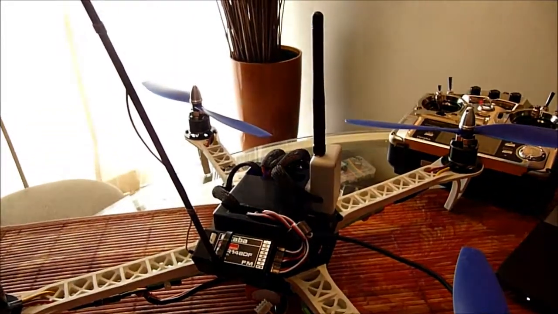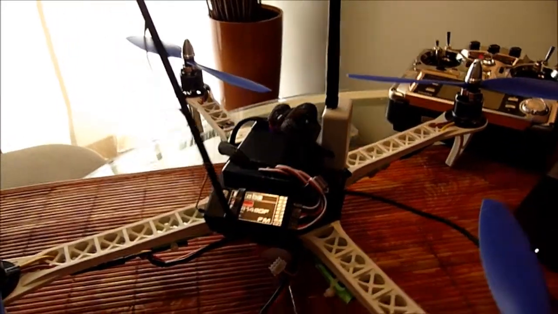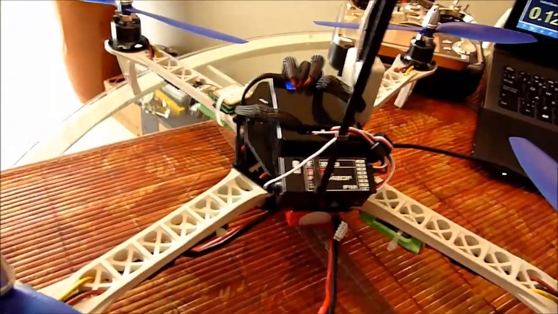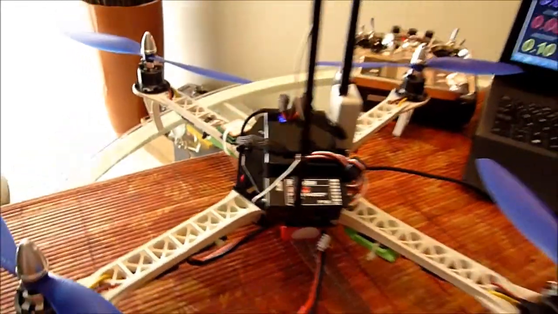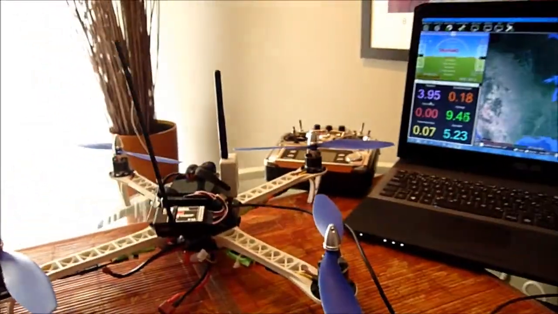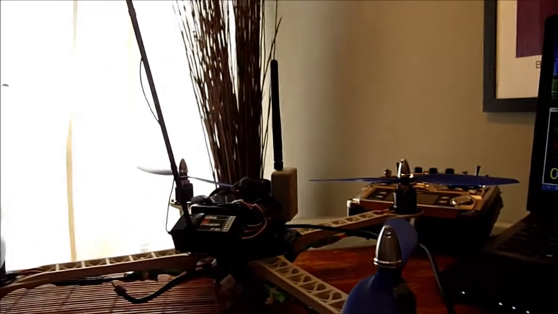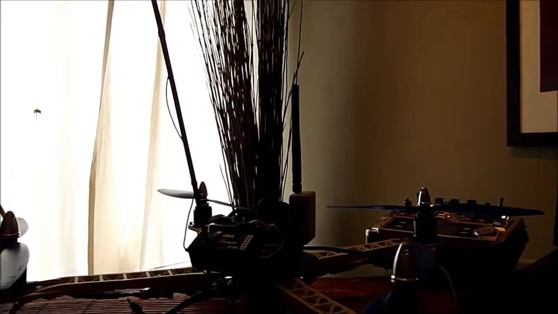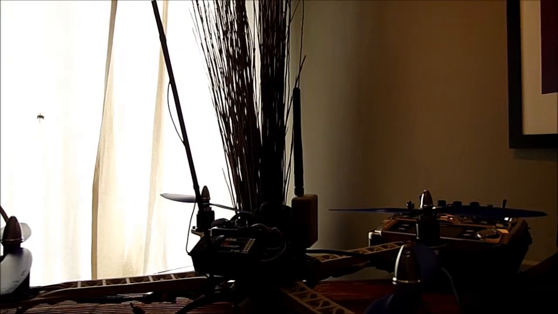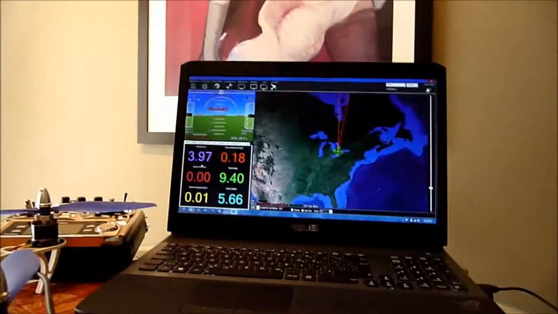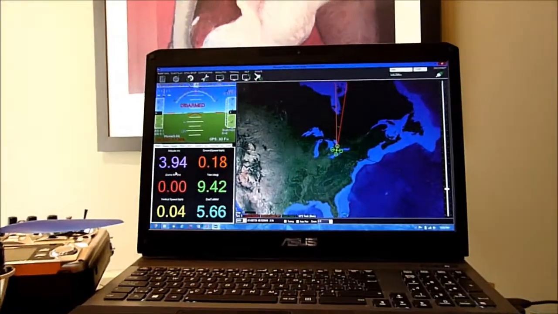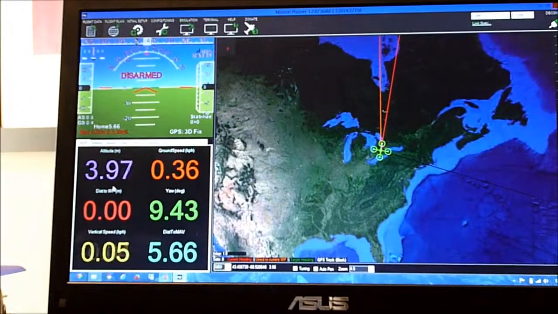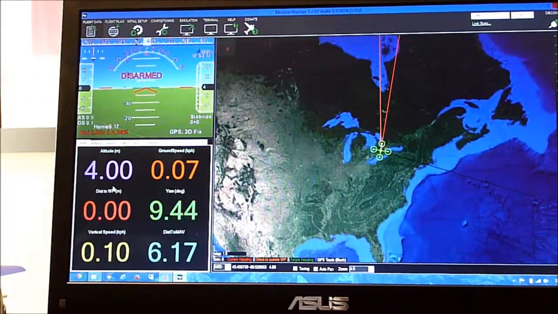All the electronics are so close together, and even the APM itself, all the extra pins that are not used and just exposed to the air are basically acting as antennas, so they could be picking up any interference, and that can be interpreted as data, and then the APM will try to respond for that.